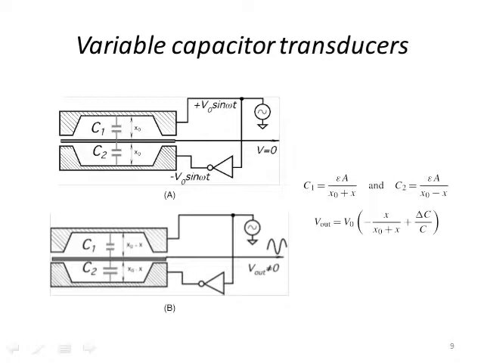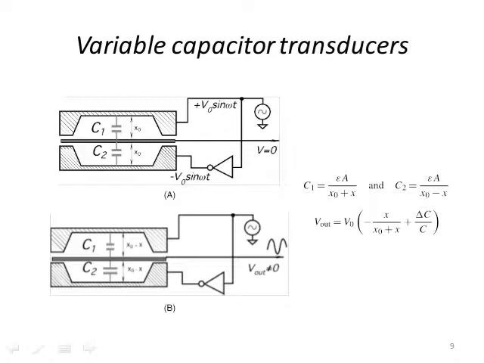Now, if that plate moves down due to a displacement that's connected to the entity that we want to detect, then the second capacitor will get bigger because C is inversely proportional to the separation of the plates. And then the capacitor C1 is going to get smaller because the gap separation between the plates gets larger.